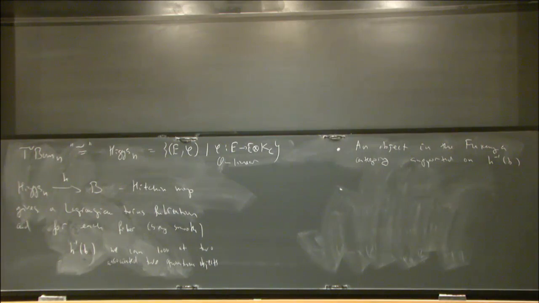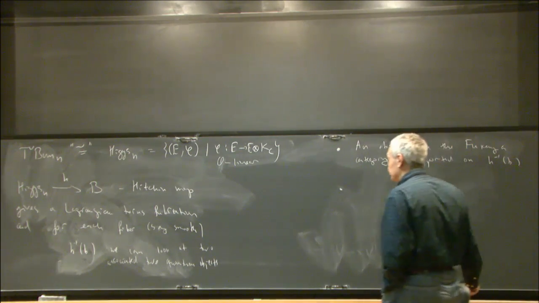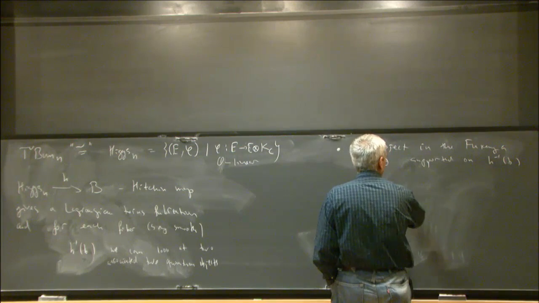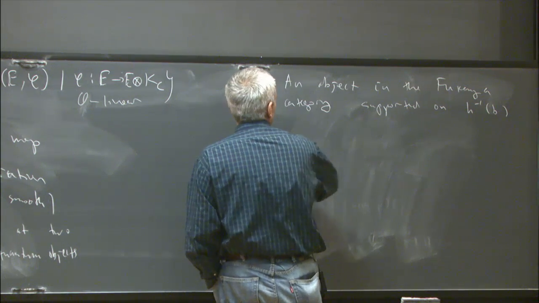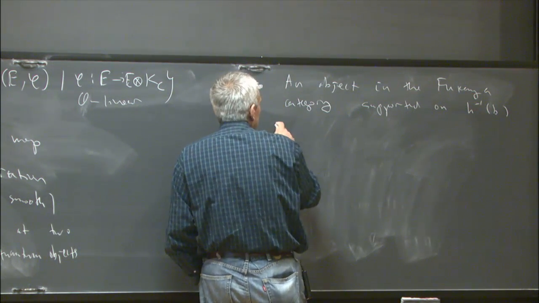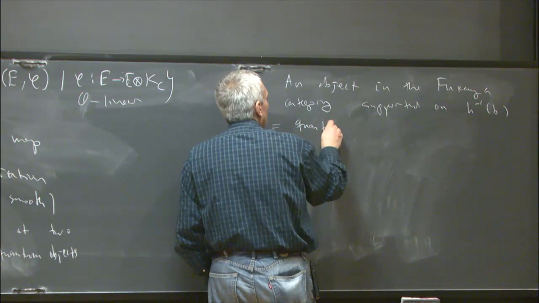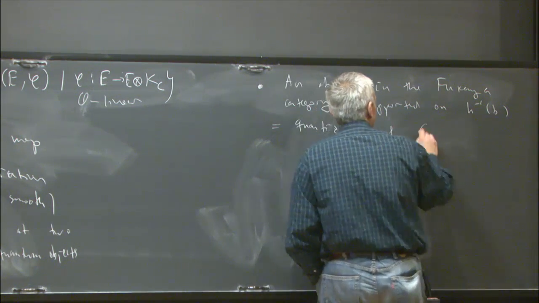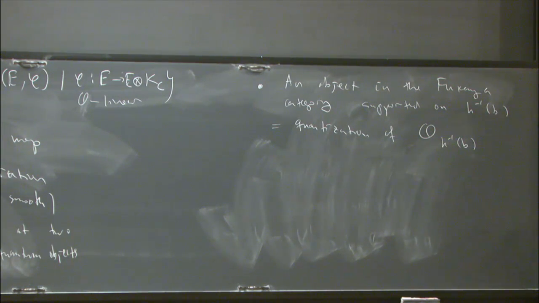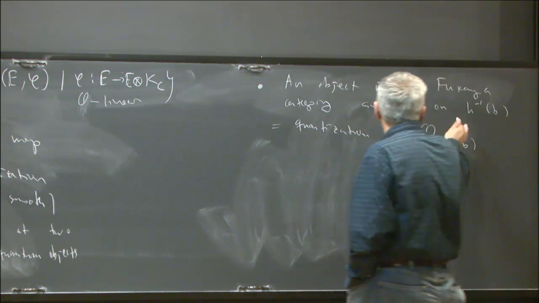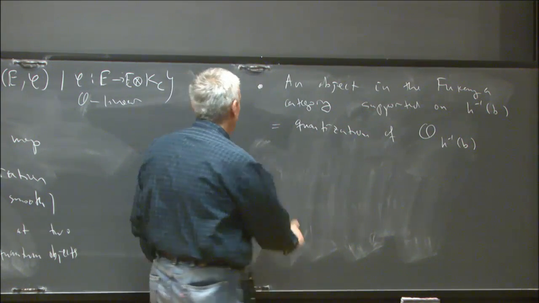And the other is, yeah, so this thing you can say is some kind of a quantization of the structure sheaf of that Lagrangian. Right? I mean, in the large volume limit, it will be just a flat rank 1 bundle on the Lagrangian, and then you need to quantize to get an object in the Fukaya category. So it's some kind of quantization of the structure sheaf of the Lagrangian.